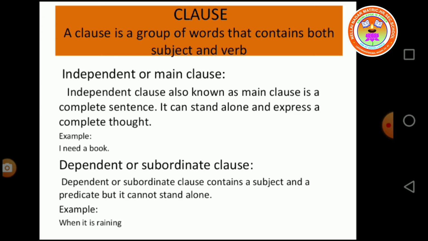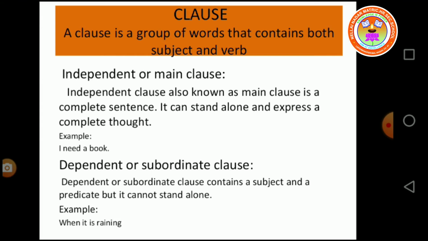First, independent or main clause, second, dependent or subordinate clause. First, let me explain about independent or main clause. Independent clause, also known as main clause, is a complete sentence. It can stand alone and express a complete thought.